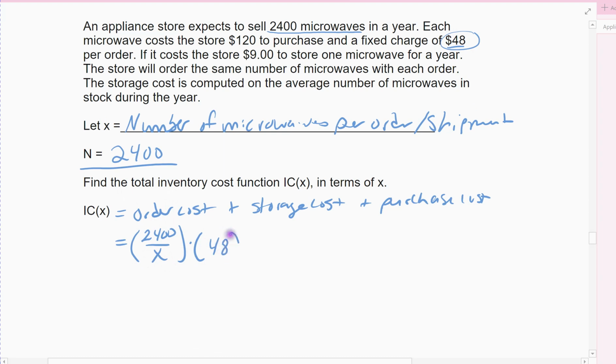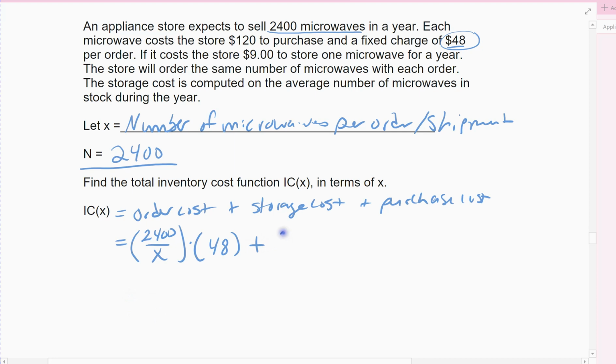Total items divided by X is the number of orders per year, and then that's the cost per order. That's where those numbers come from. I'm going to erase that because I don't want that in my next lines. So there's the ordering cost.